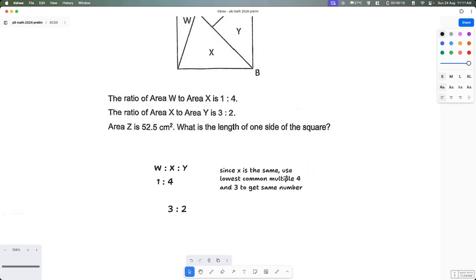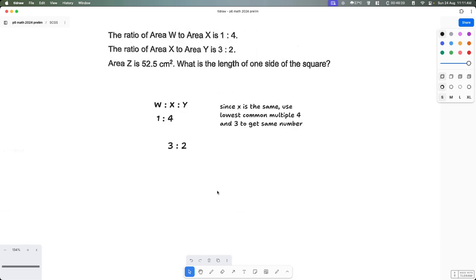So with that said, we just need to multiply. If we multiply this by 3, we need to multiply this by 3 as well. This then needs to be multiplied by 4. So 3 is to 12, and then this will become 12 is to 8.